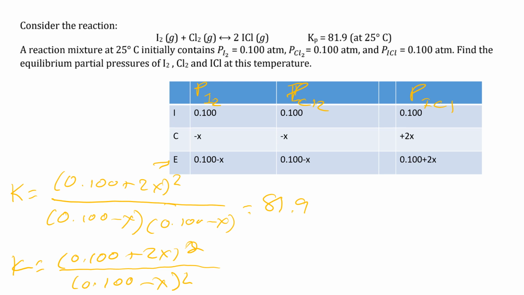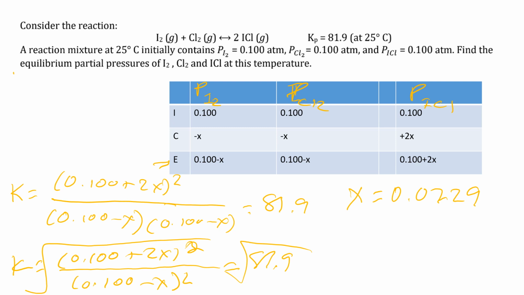Luckily this works out, and that's equal to 81.9. Take the square root of both. Math-wise, you will end up with x equals 0.0729 for my x.